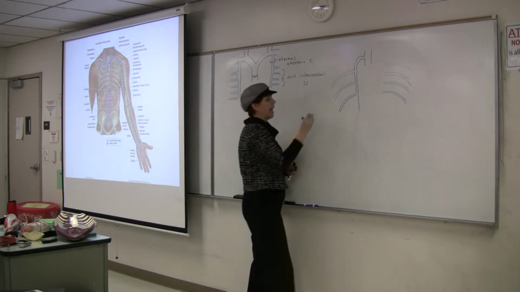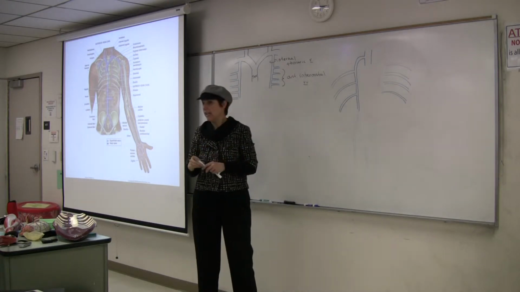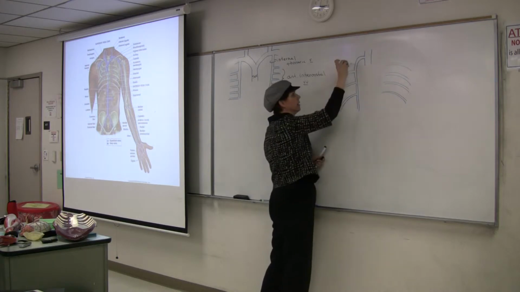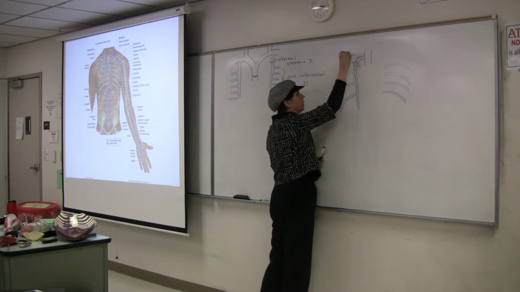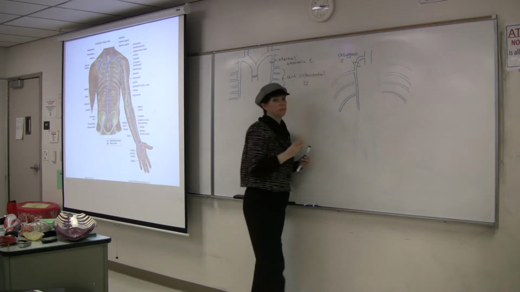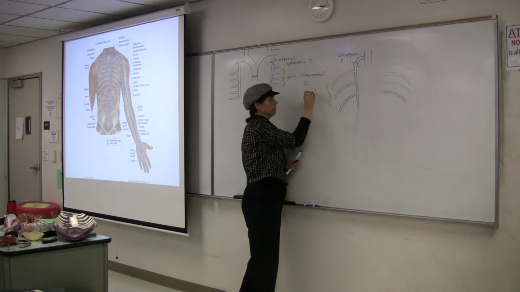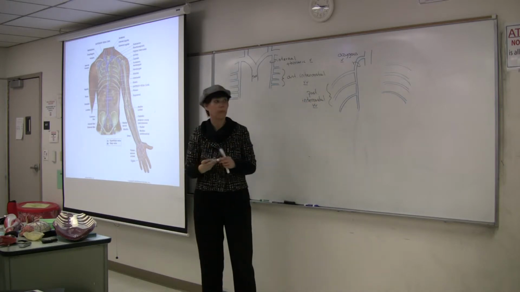It is known as the azygous vein, and we find it on the right side of the chest. And these would be the posterior intercostal veins. Okay.